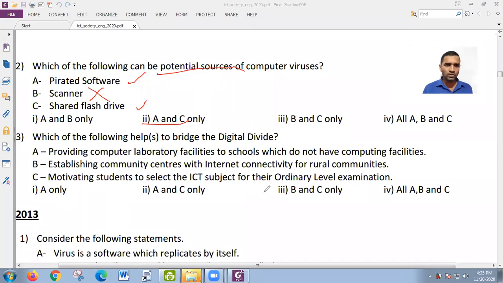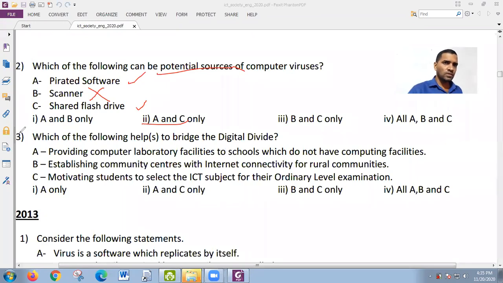That is correct, because as I told you earlier in the class, all the people come from schools. So if students are educated with ICT, or if ICT literacy is given in school, when you come to society, you all have the ability to use ICT. So there is no more digital divide. Okay, so that is okay.